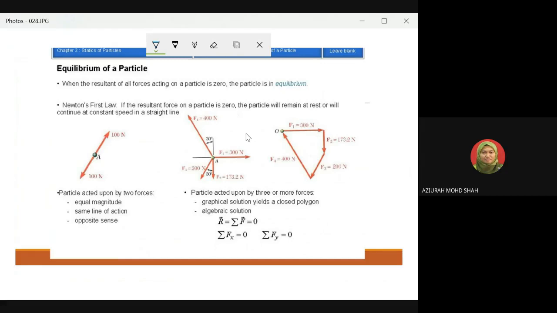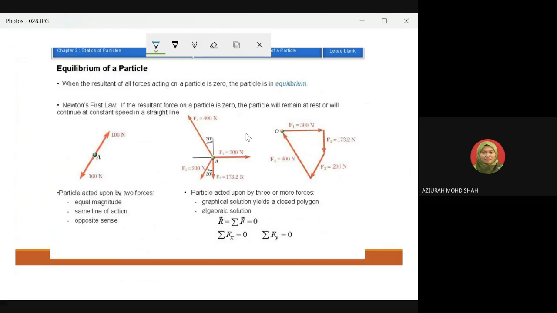Tapi kalau equilibrium of particles, it means the net force, the resultant is equal to 0. So we know that it remains static, and if it is moving, it is in constant velocity, no acceleration.